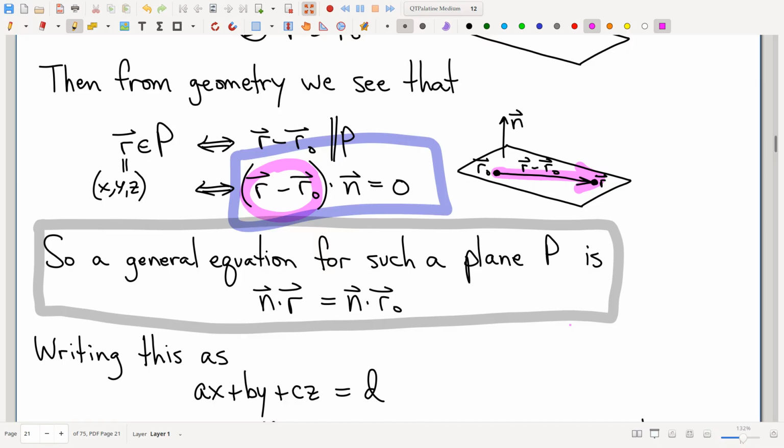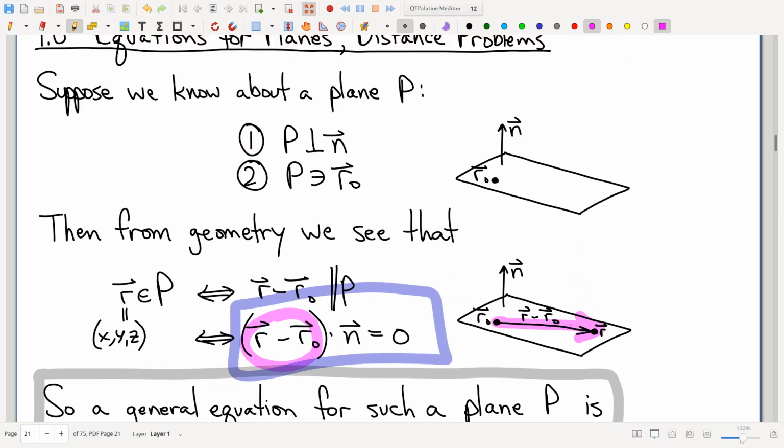Should this test be a pass or a fail in the case where this vector is zero? Well, again, if this vector is zero, then r is r naught. Is r naught in the plane? Why, yes, it is. So not only can we get away with writing this with orthogonality, we must.